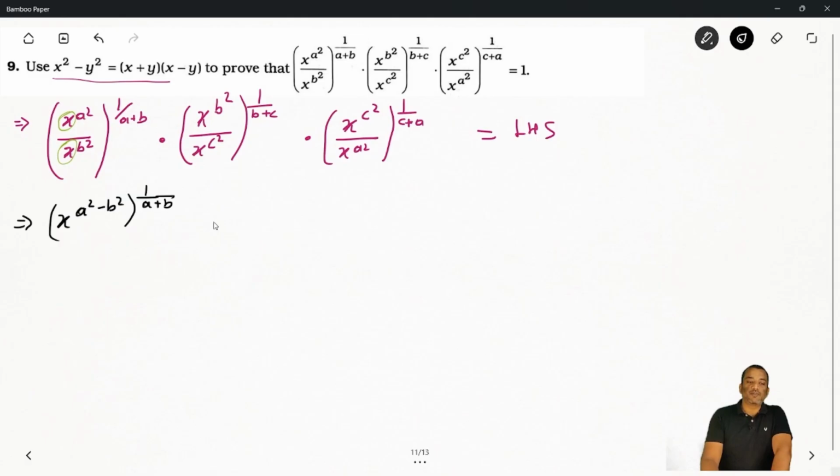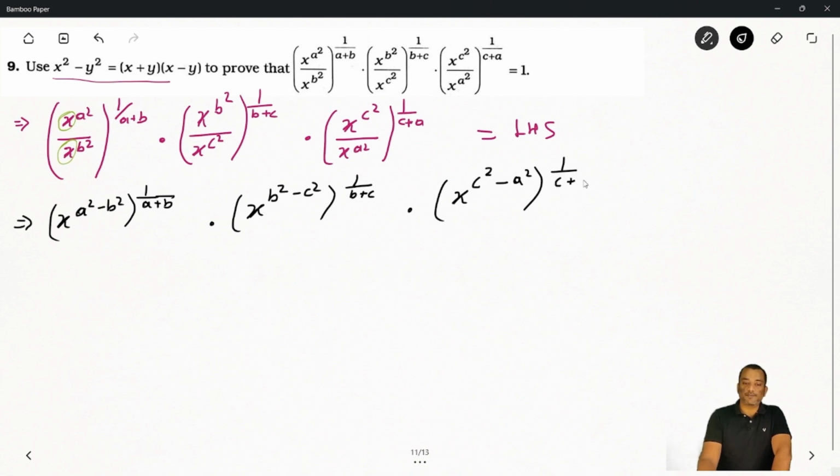Same way this one also x to the power b square minus c square, you will get 1 by b plus c, and last you will get x to the power c square minus a square and whole you will get 1 by c plus a. So which rule have you applied here? Quotient rule.